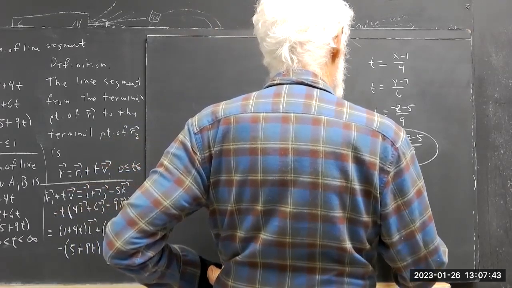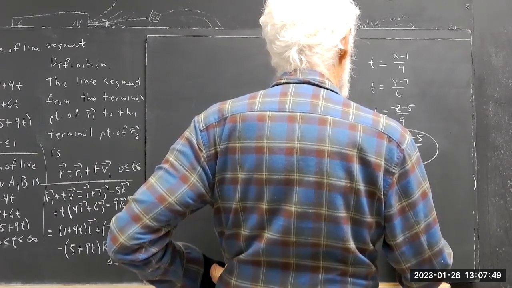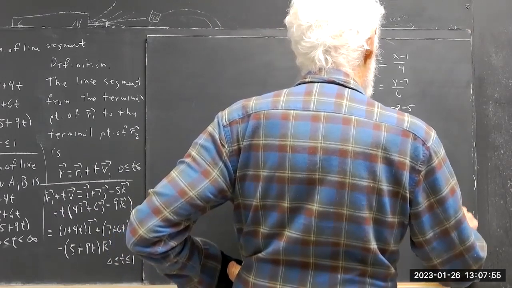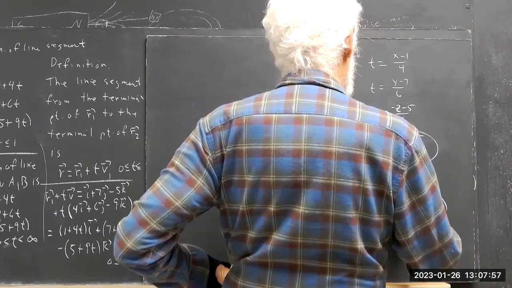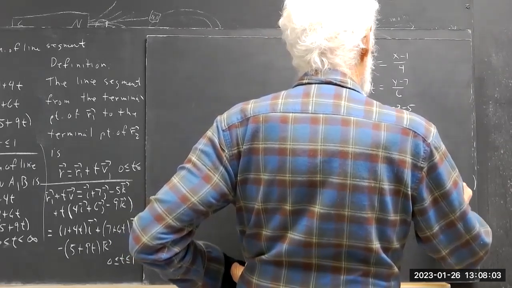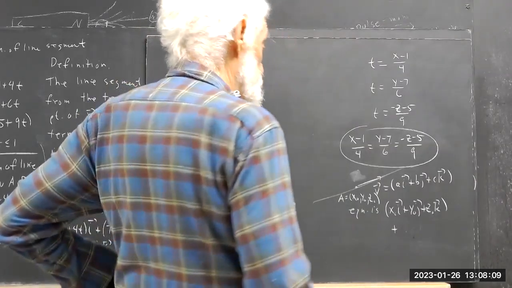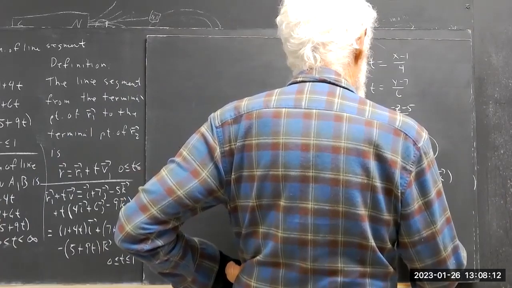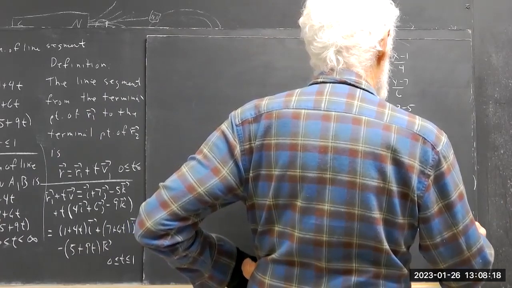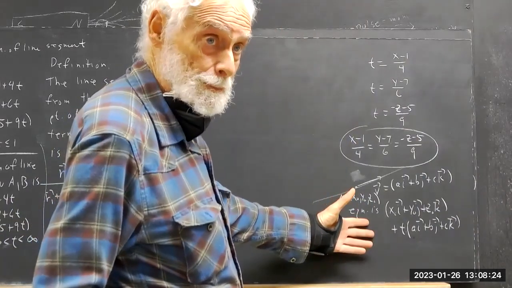The equation of the line is, let's say V equals Ai plus Bj plus Ck, those traditional letters that we'll use, okay? That's the way to write it.